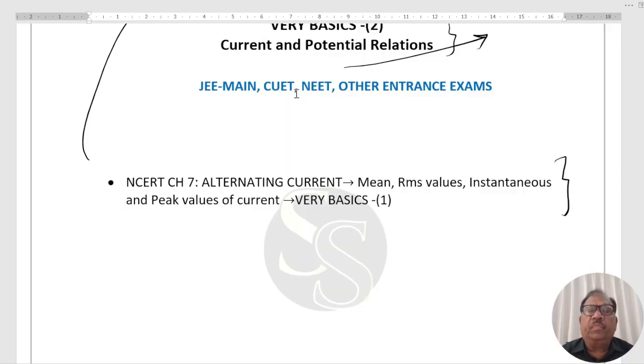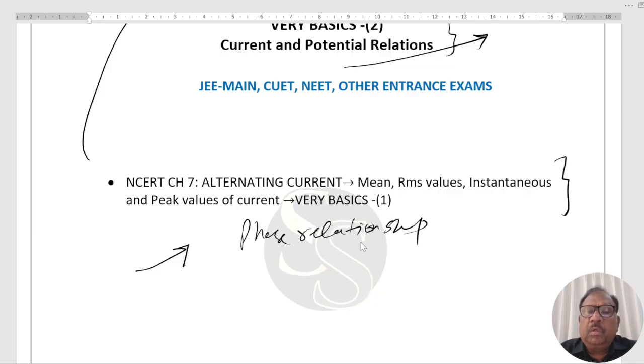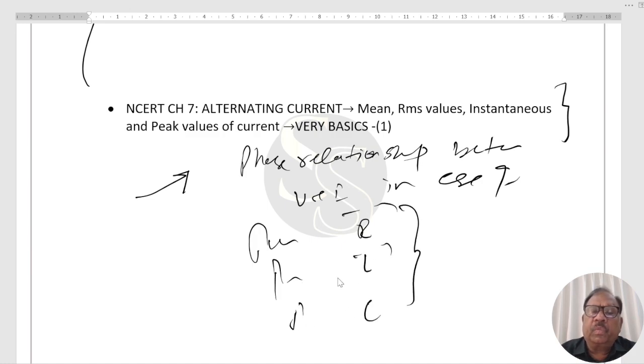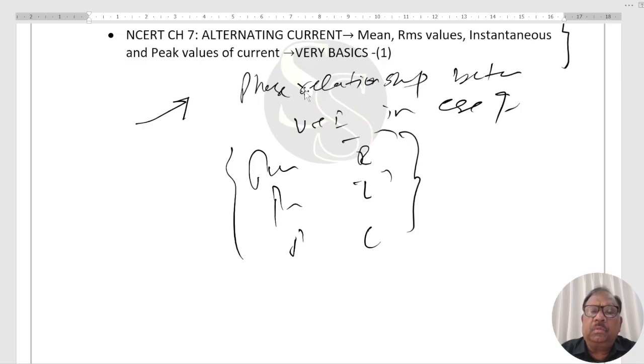In today's session, I am going to discuss phase relationship between V and I in case of pure resistance, pure inductance, pure capacitance, and also through illustrations, concept will be clear.